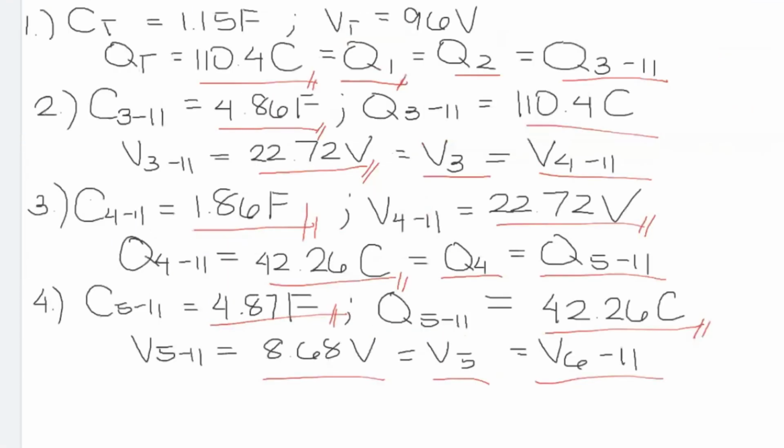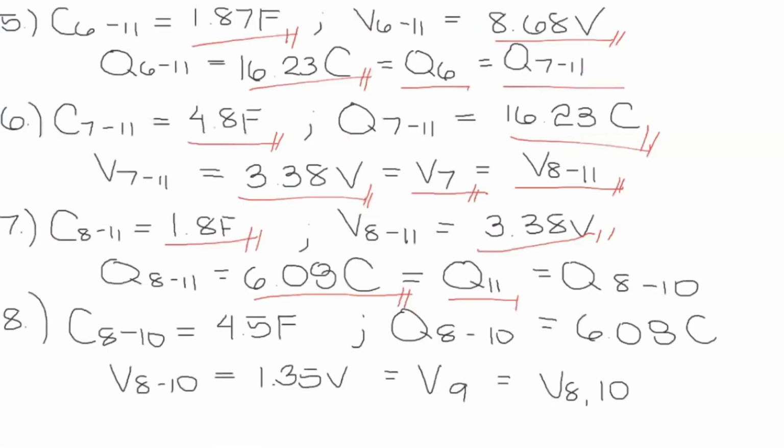Okay, now moving on, it is also equal to Q8 to 10. Now our C8 to 10 is equal to 4.5 farad, and our Q from the previous solution is 6.08 coulombs. Therefore, our voltage is 1.35 if we divide Q by C. This voltage is also equivalent to our V9 and also our V8 and 10.